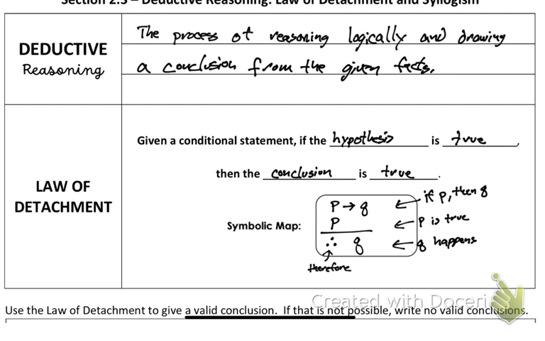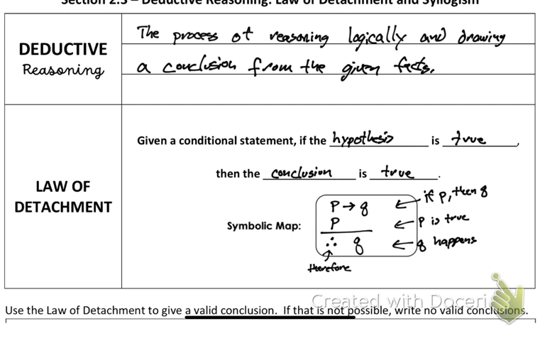So let's go back to my statement. If it rains after school, I don't have practice. What if we learn I don't have practice? Does that automatically mean it has to be raining out? What if it's Saturday and I don't have practice? What if we had something after school and we didn't have practice besides rain? So the only conclusion we can make is if the hypothesis comes true.